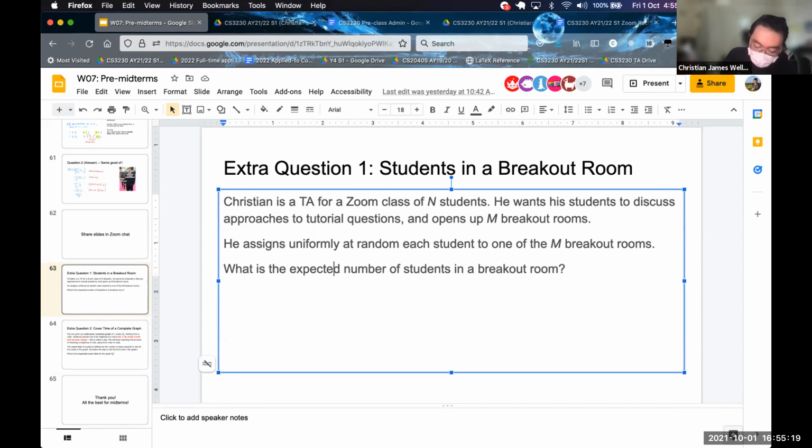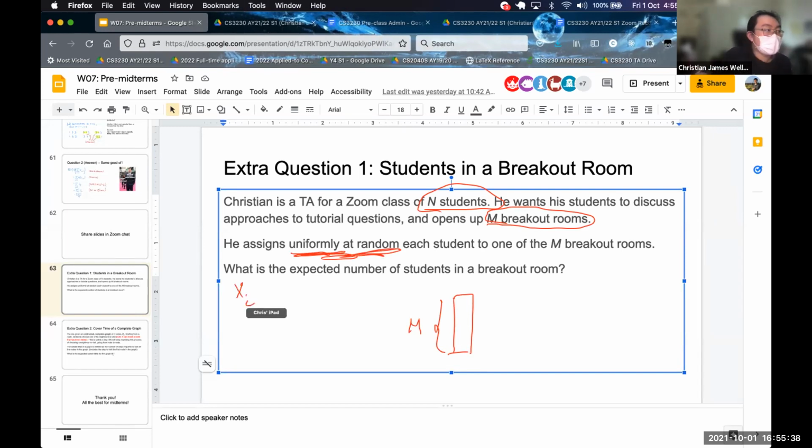This problem is kind of like the problem of hashing. I have n students, which are like n items. M breakout rooms are like a hash table of size M. Assigning uniformly at random, define an indicator random variable Xi, where Xi is the event that student i goes to a certain breakout room.